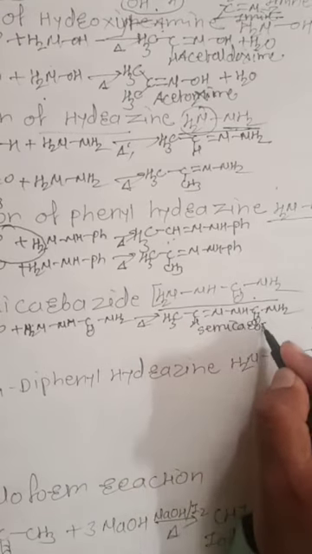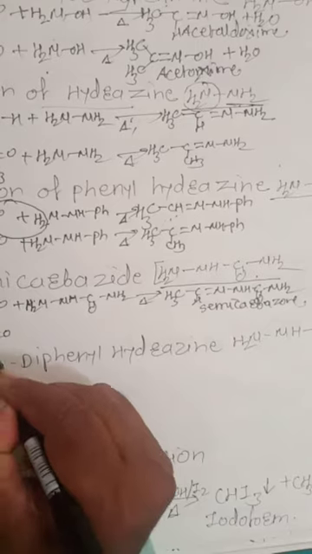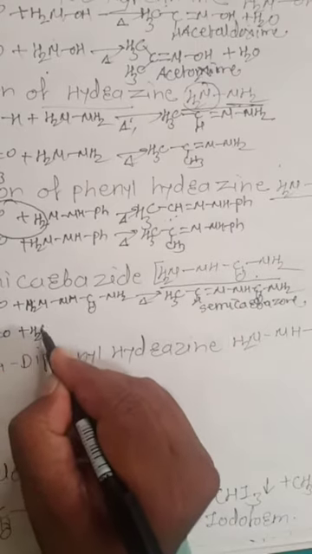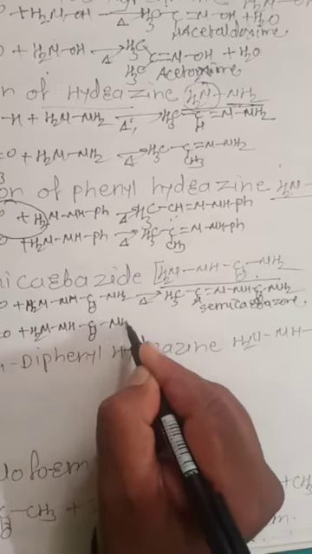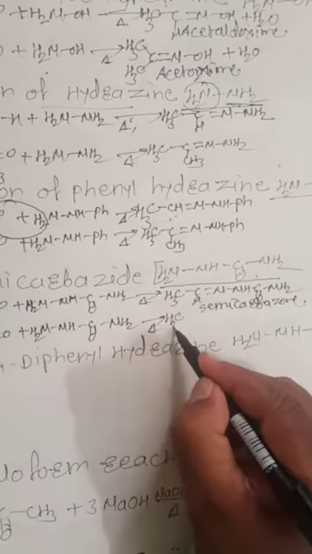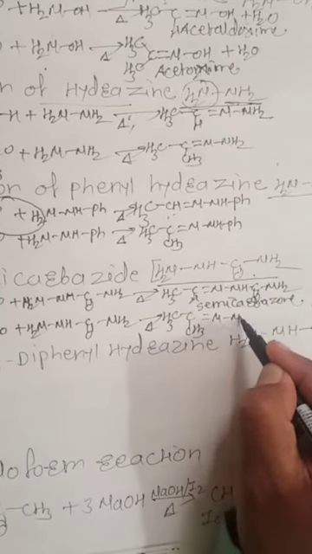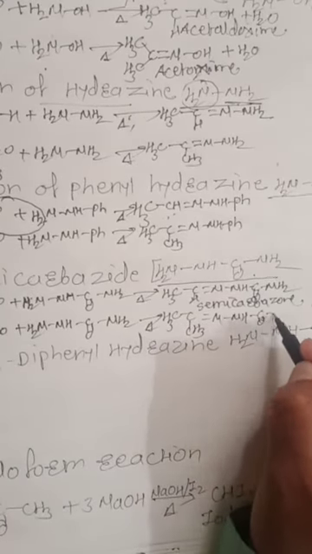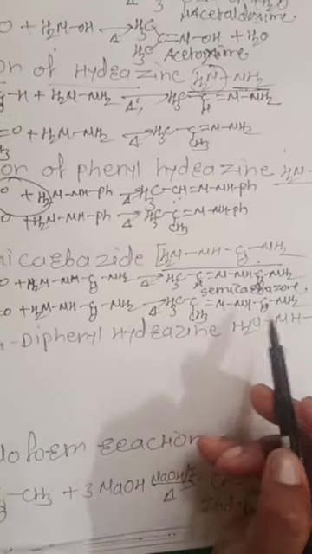Then if we take ketone, then ketone combines with this semicarbazide to form corresponding ketone semicarbazone. So here we'll get CH3 C CH3 double bond NNHCONH2.